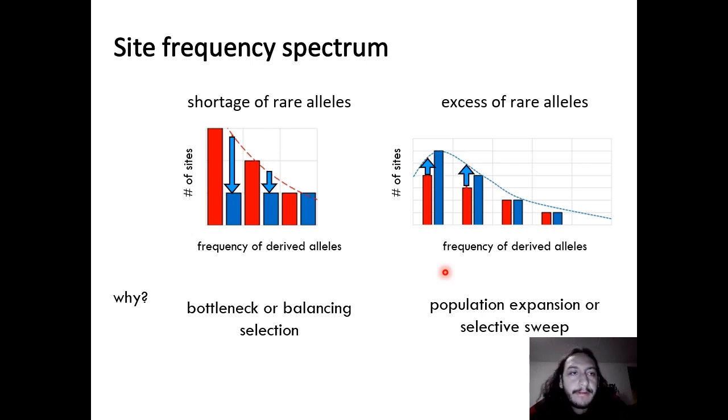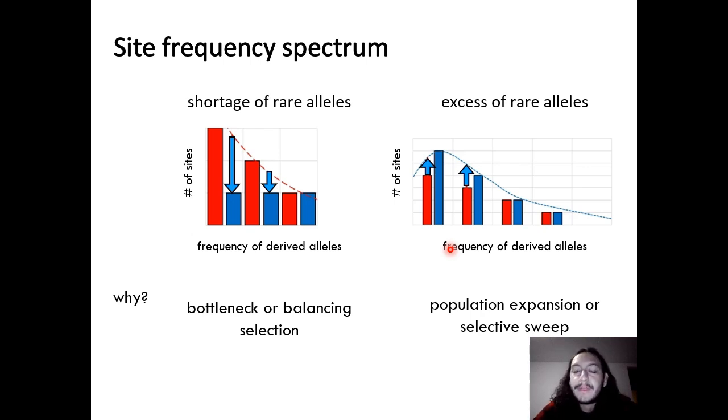There are a lot of individuals that are really recent to the population, and you expect these new mutations to still be around and not to have been washed out by drift, or pulled by selection to become very common in the population. So you have a lot of these really recent mutations, this very high richness of derived, rare alleles in the population, and this is a hint that the population is expanding.